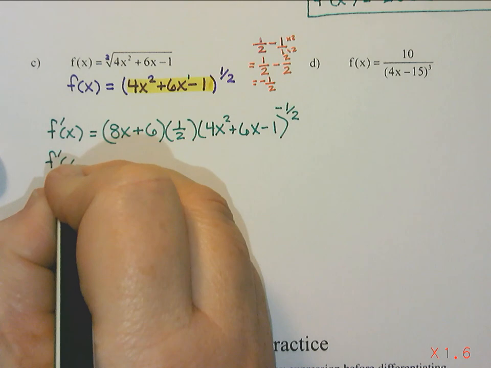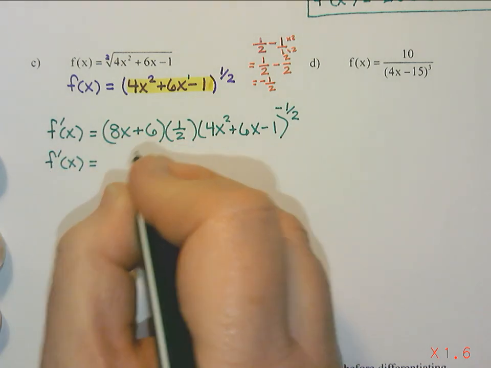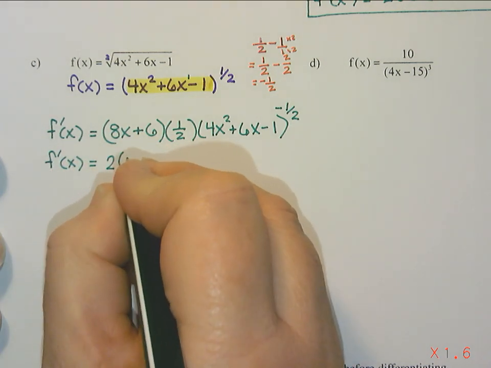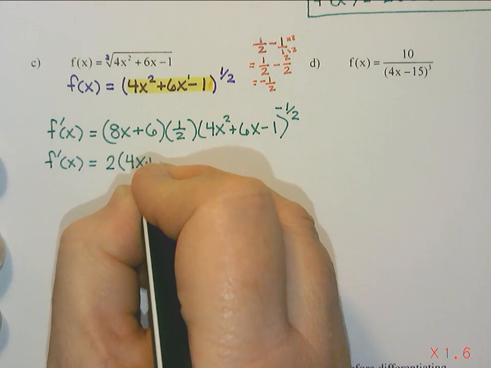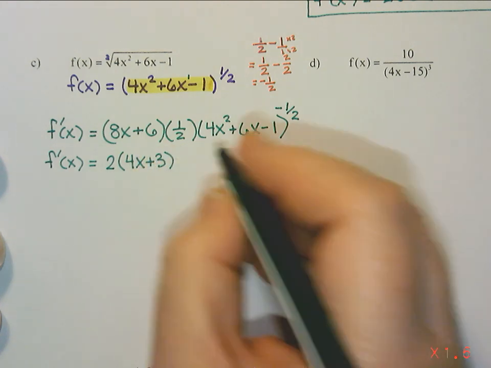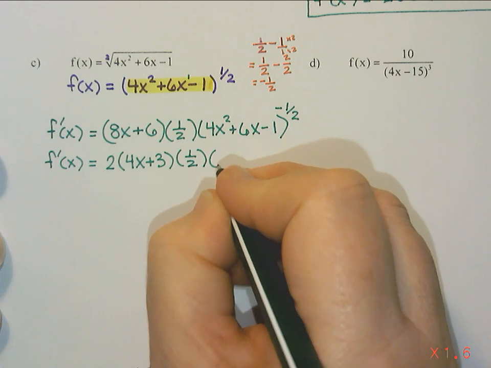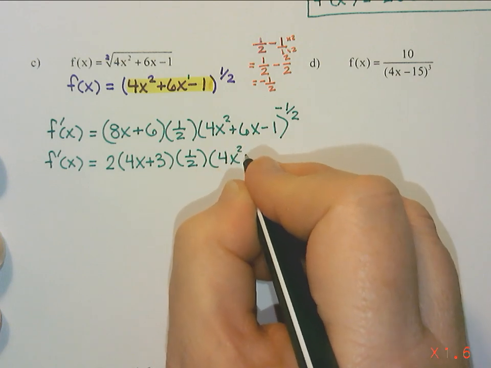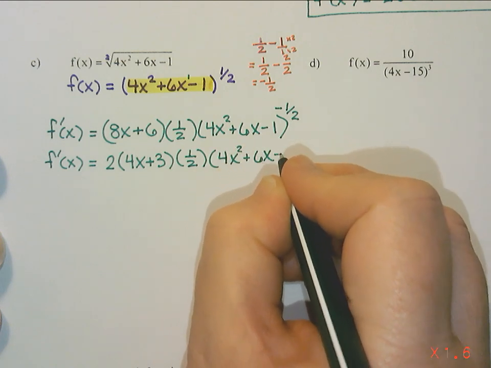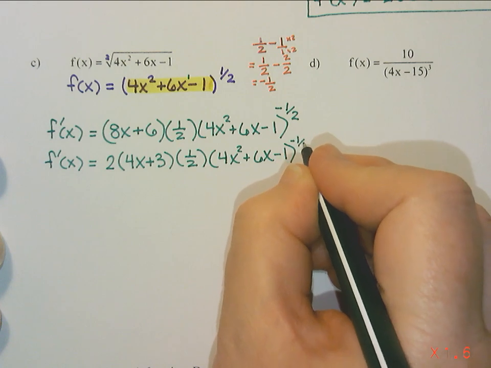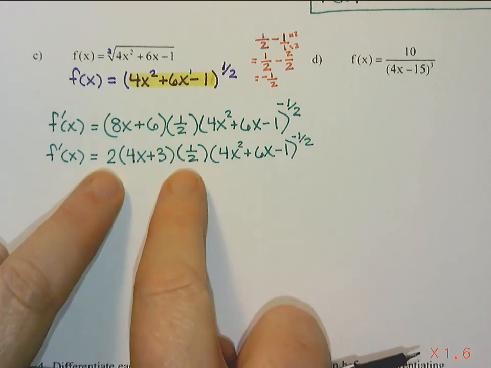So I have f prime of x. They both divide by 2, so this is 2 times 4x plus 3. And then times 1/2, and then we'll deal with this part in a minute. So 4x squared plus 6x minus 1 to the negative 1/2. I do have 2 constants.